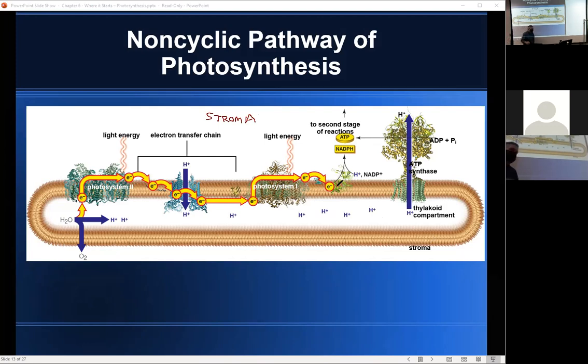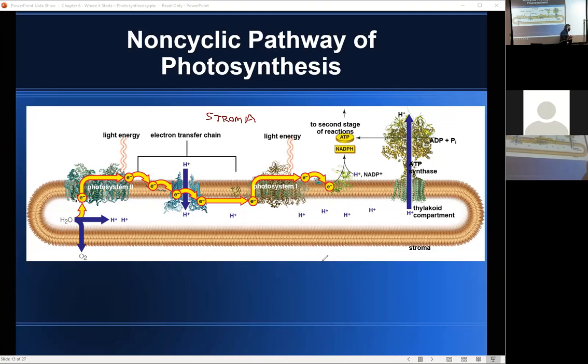Also recall from Friday that we can split up these proteins into two groups. We have photosystem 2 and photosystem 1. They both have three components in common. They have a light harvesting complex. Here's the light harvesting complex of photosystem 2. Here's the light harvesting complex of photosystem 1. They have a reaction center that we can't see very well in this particular figure.